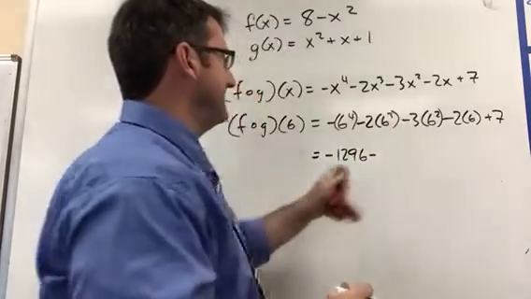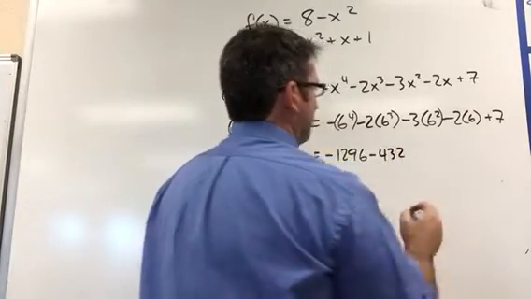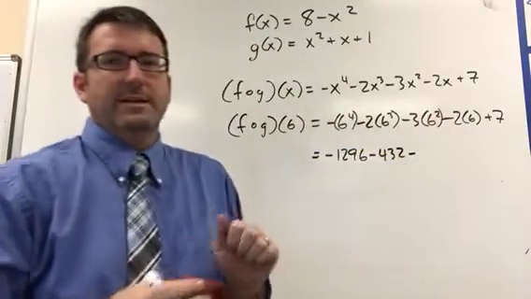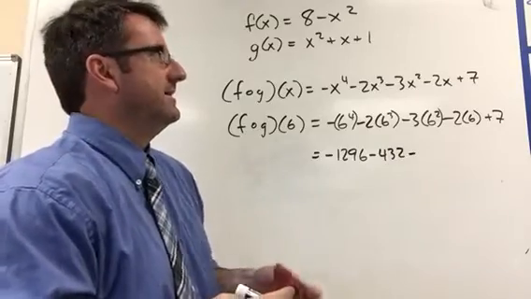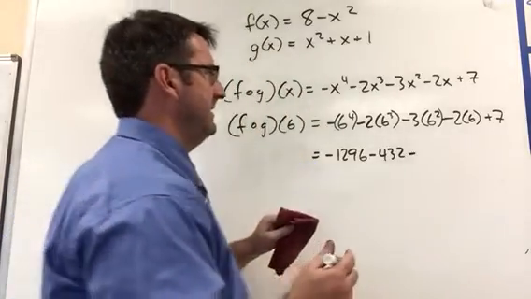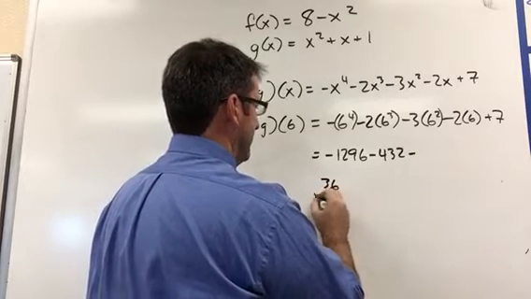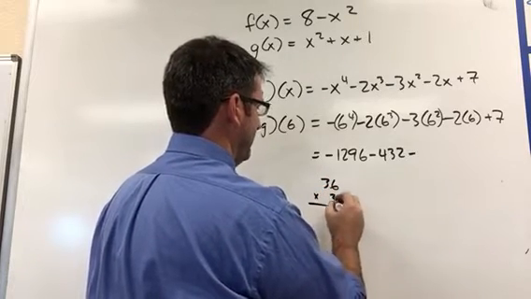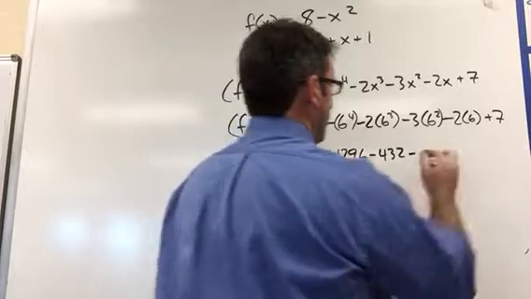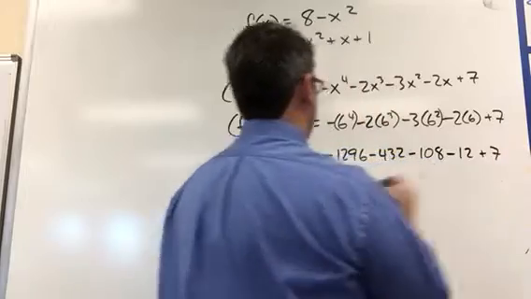Minus 6 to the 3rd is 216 times 2 is 432. 6 squared is 36 times 3 is 108. That makes more sense. 108 minus 12 plus 7.